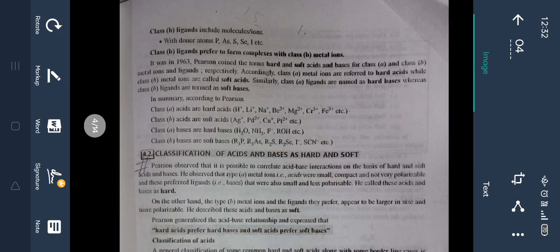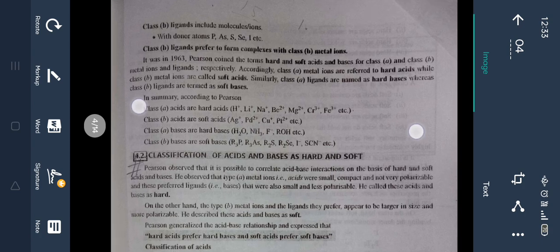Class B ligands involve molecules and ions with donor atoms P, As, S, Se, I, etc. Class B ligands prefer to form complexes with class B metal ions.